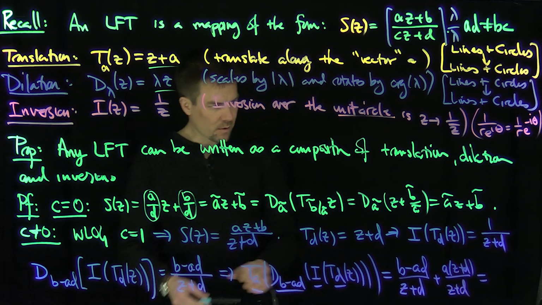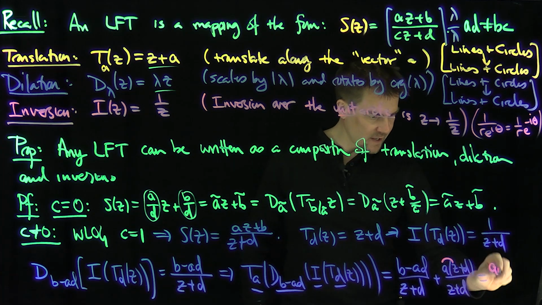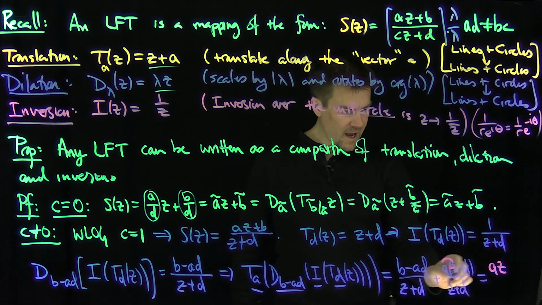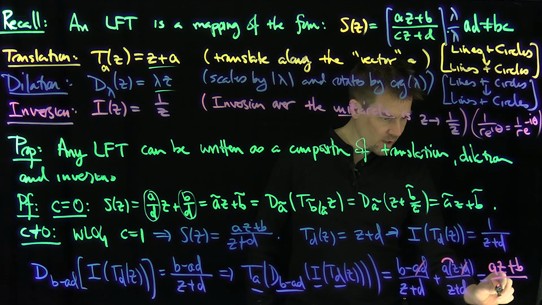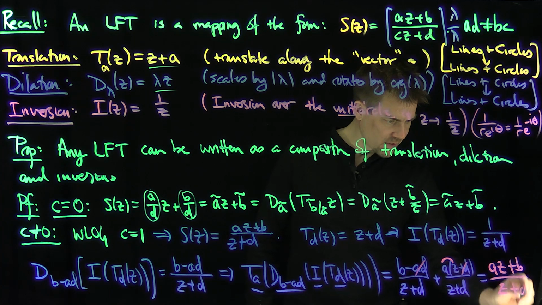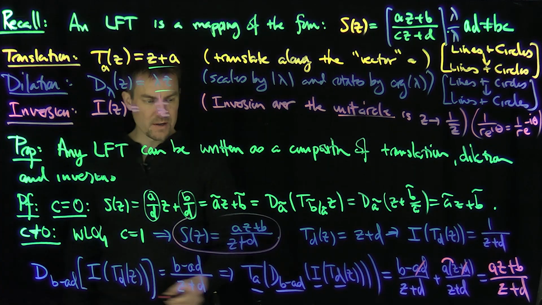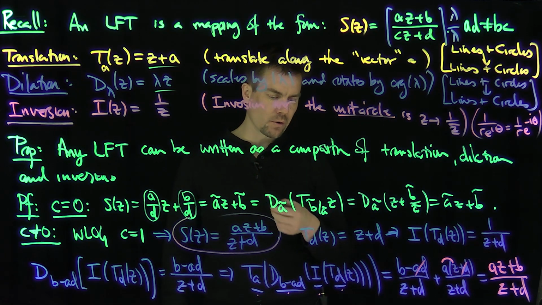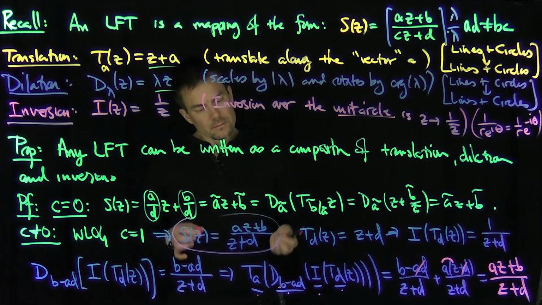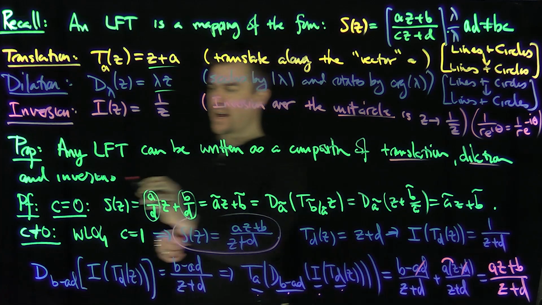And thank goodness I did that correctly, because now I have an az on top, then I have an ad and a negative ad, and those are going to cancel. Then I have a b, over z plus d. And that's exactly what we started with; that's exactly equal to my S. So I've written S as a composition of a translation, an inversion, a dilation, and a translation. So what we've done is we've written a linear fractional transformation as a composition of translations, dilations, and inversion.